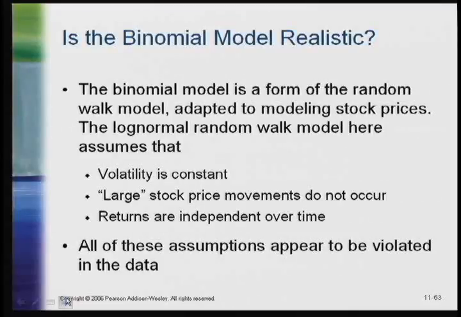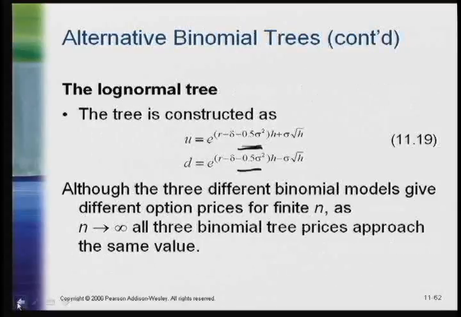So this binomial model is a form of a random walk. We're going to make some assumptions, however, and the random walk is in the return. Again, just to make that clear, in all of these, we have a random walk. You see a plus and a -1 in the return.